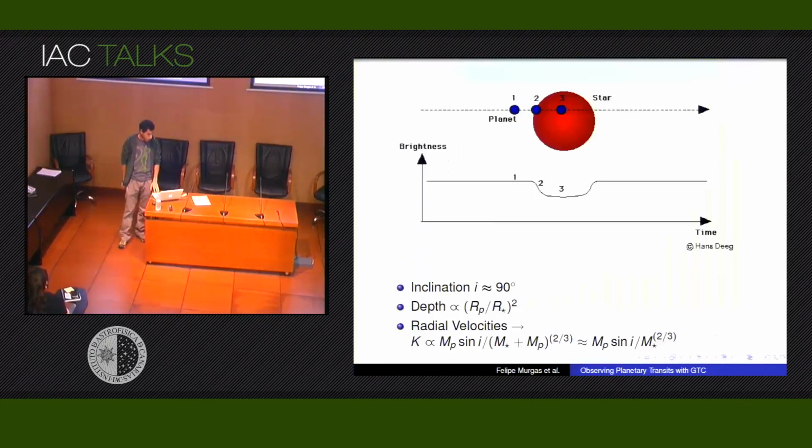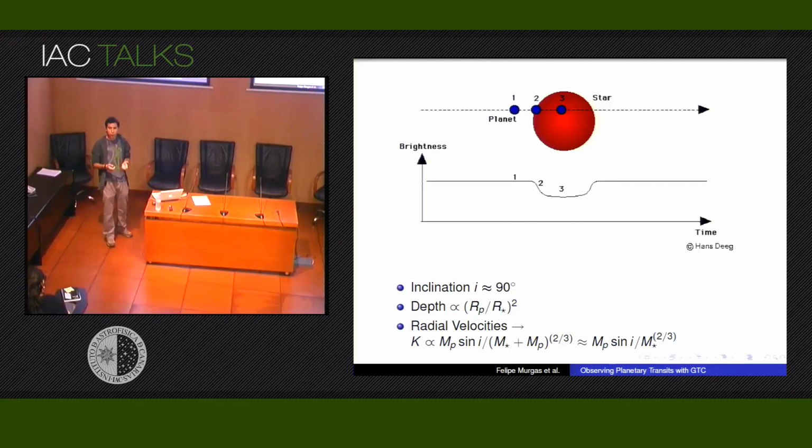So today I'm going to talk about transiting planets specifically. So what makes them so special? The first thing that you have to know is that to detect a transit, you need to be aligned with the line of sight with the object. So the first information that we can get for a transiting planet is the inclination with respect to the plane of the sky.